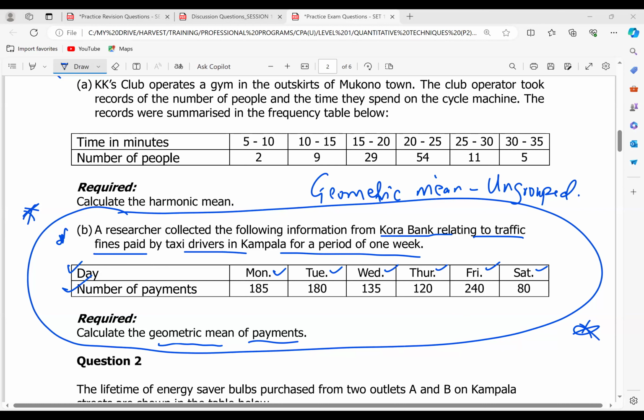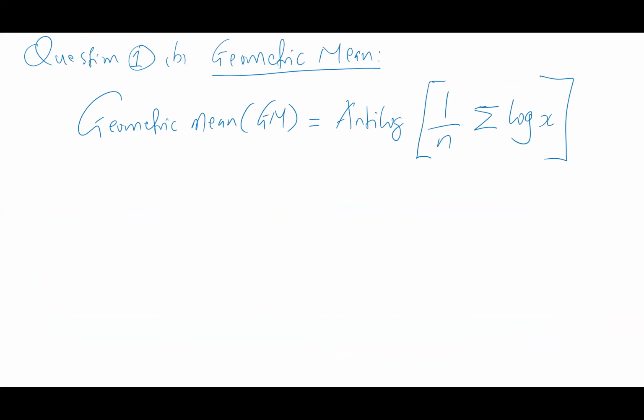In this one, we shall use antilog 1 over n summation log of x. Our geometric mean will be the antilog 1 over n summation log of x.